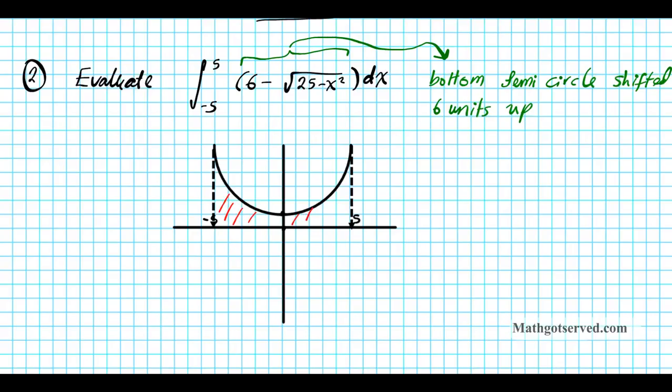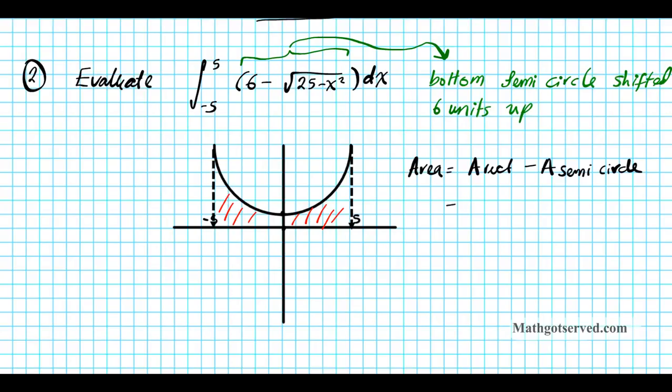Simply the entire thing is a rectangle, and then you subtract the semicircle from there. So let's go ahead and do that. Let's write it in word form. Area equals area of rectangle minus area of semicircle.